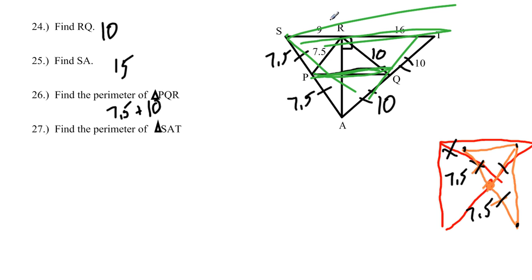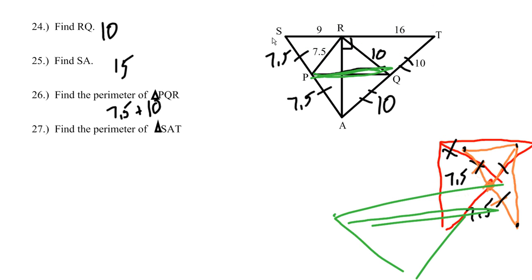So ST, let me clear this out a little bit. Since ST has a total length of 25, PQ is half that, which is 12.5. So we say plus 12.5. So 7.5 and 12.5 together make 20. Plus 10 more is 30 for number 26.